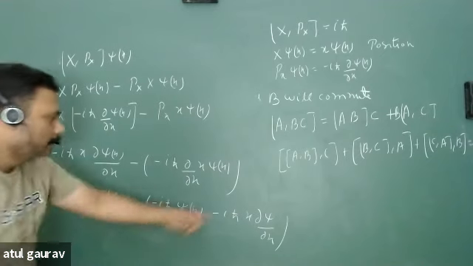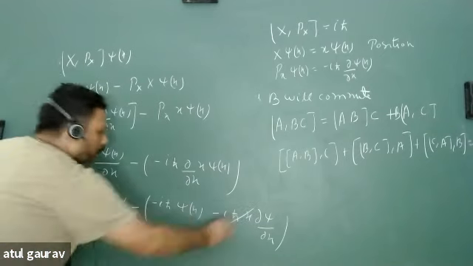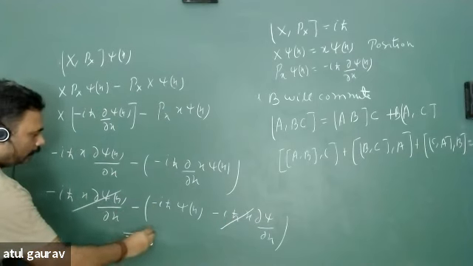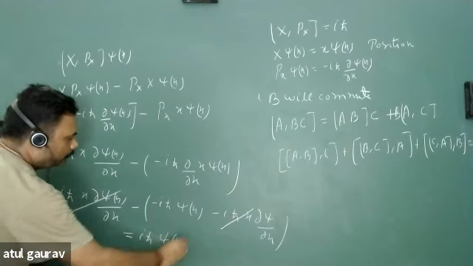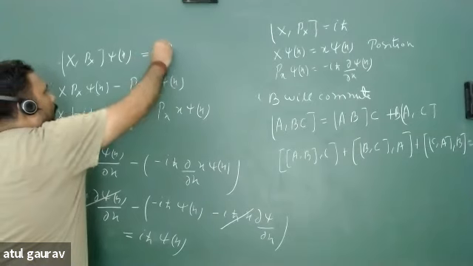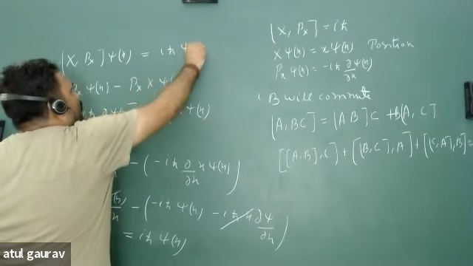So this will be minus minus plus. So this term and this term cancel, minus minus i. So this will be equivalent to iħ ψ(x).